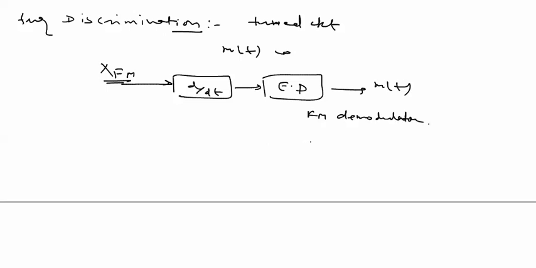Four types of FM demodulator are available. First, frequency discrimination.